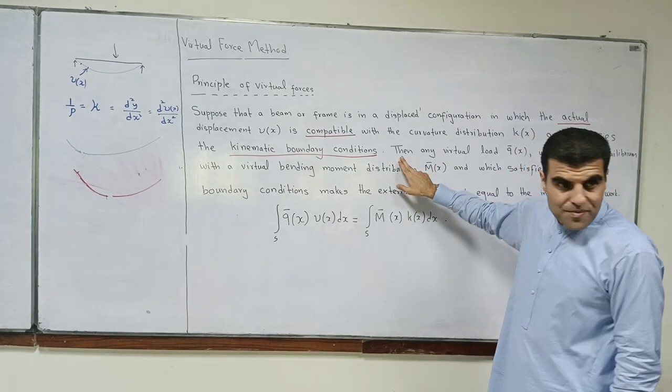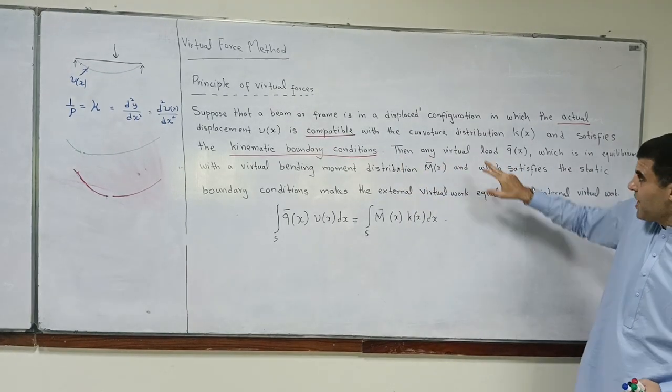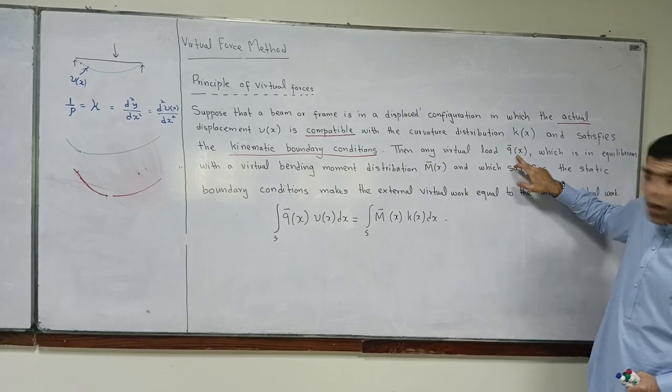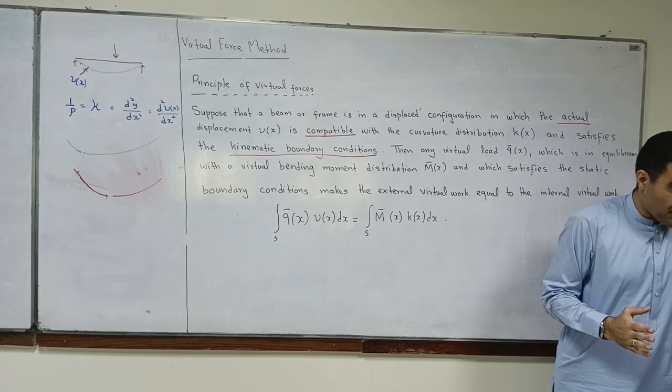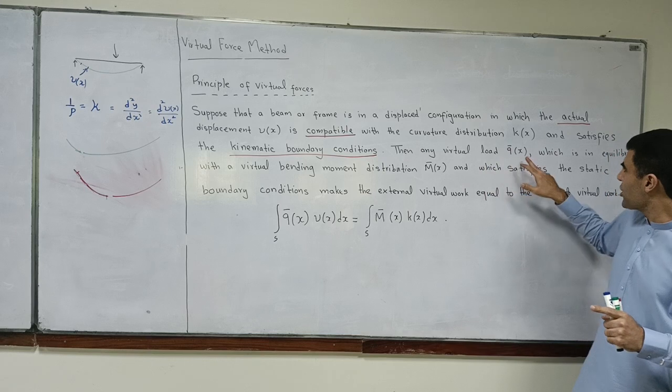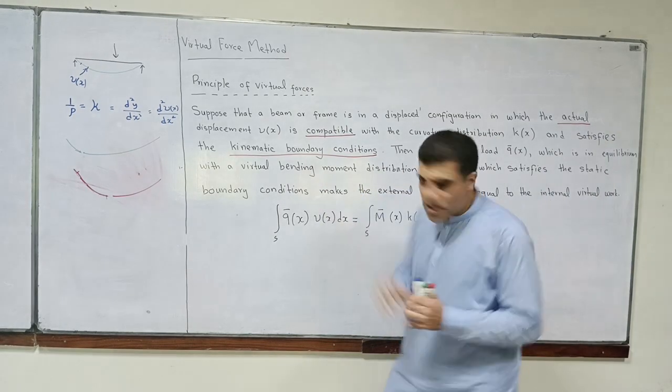Then now from here the virtual system starts. Then any virtual load, now this is a virtual load, this is not a real load. Any virtual load Q bar x which is in equilibrium with a virtual bending moment.